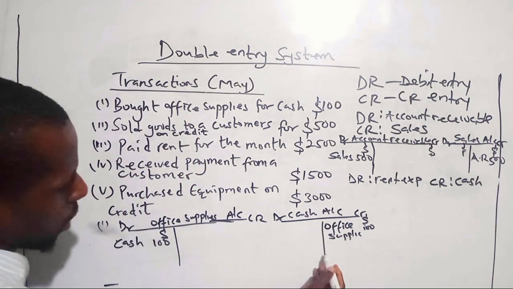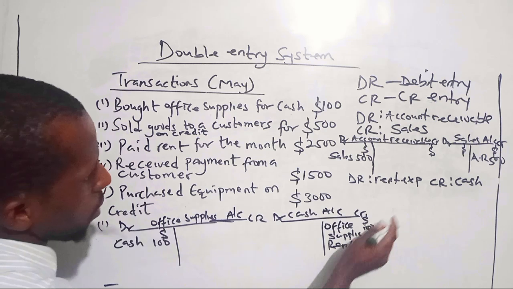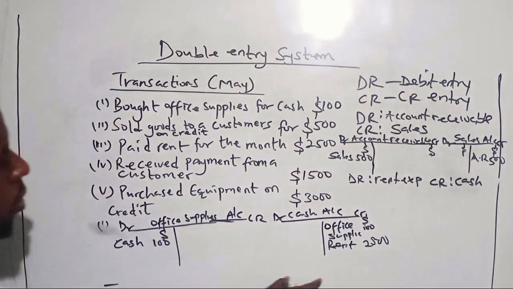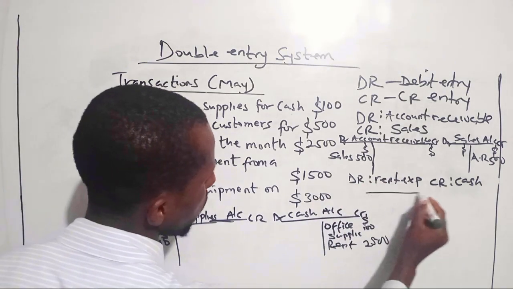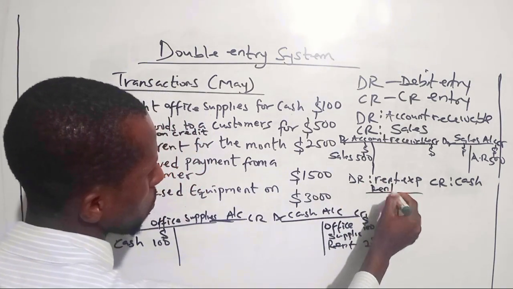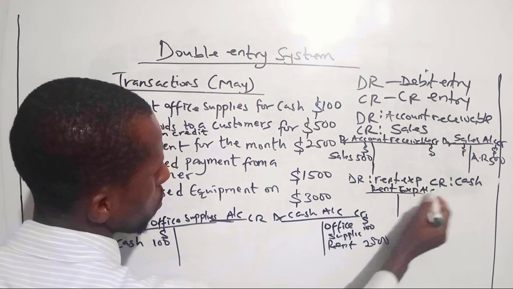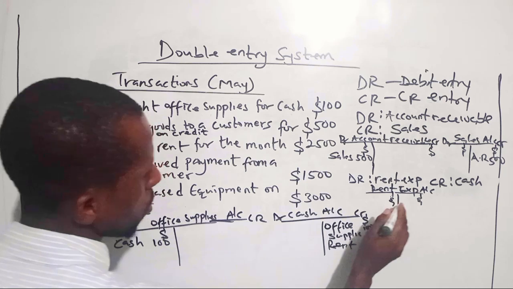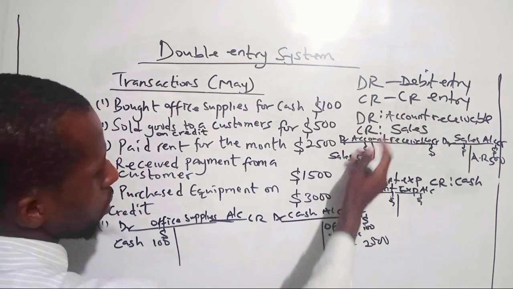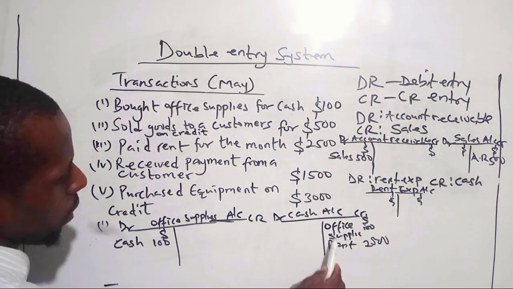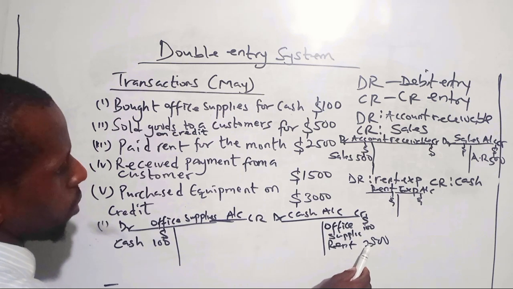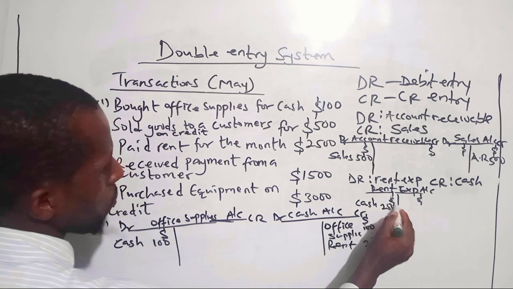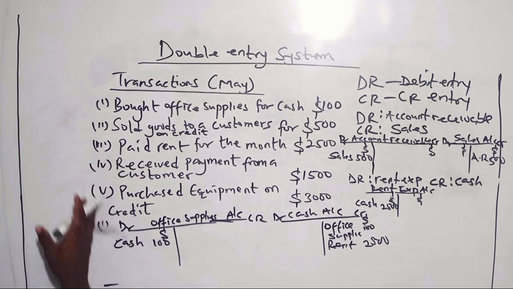We already have a cash account here, so I have to open a rent expense account, $2,500. For every debit entry there must be a corresponding credit entry. So that's the third transaction.